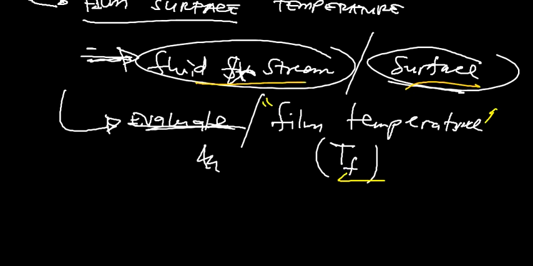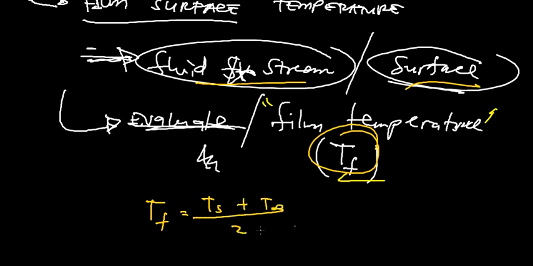So mathematically, the film temperature is only the average of the temperature of your surface and fluid stream. So, that is the so-called film temperature.